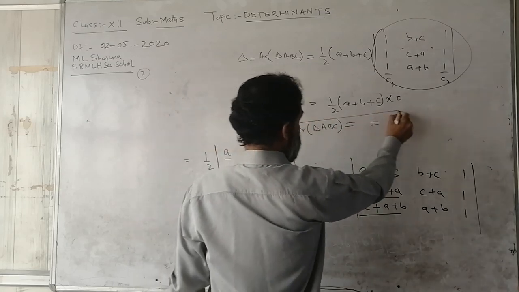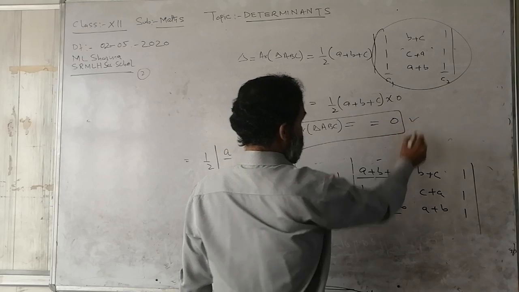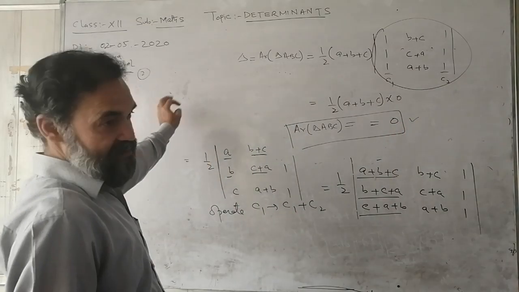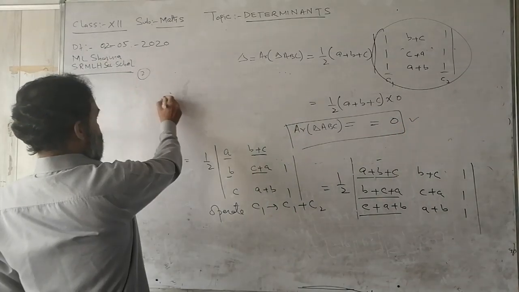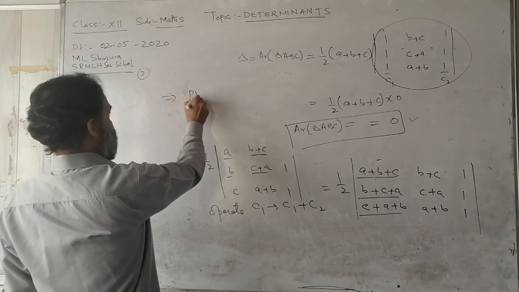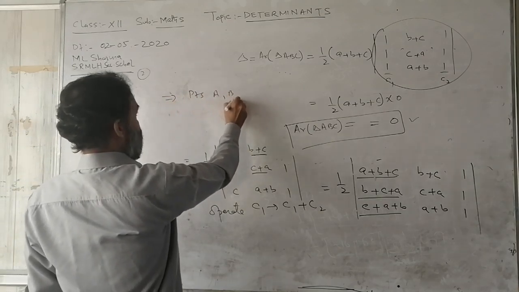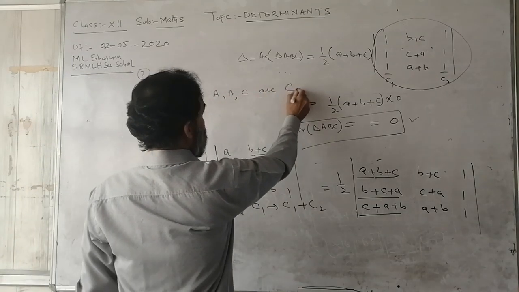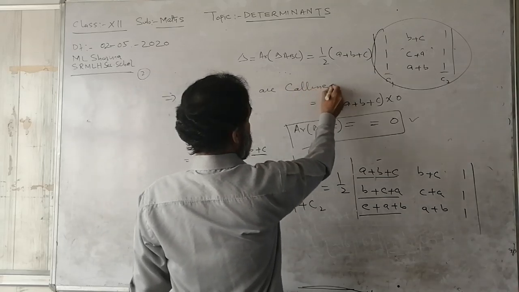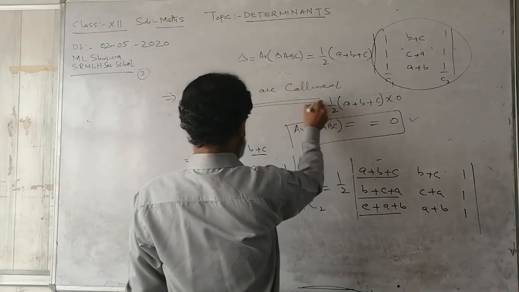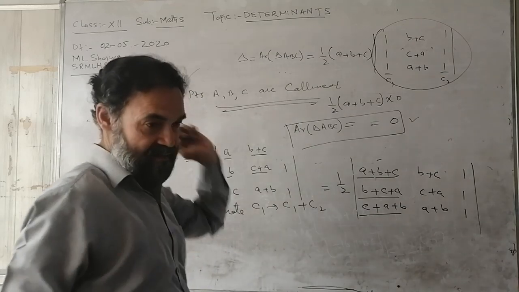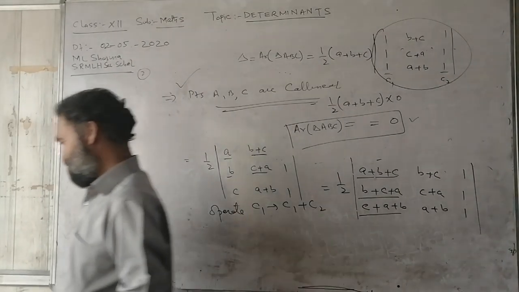So when area of triangle equals 0, this means the points A, B and C are collinear. So this implies points A, B, C are collinear. So this finishes the second question of this exercise.